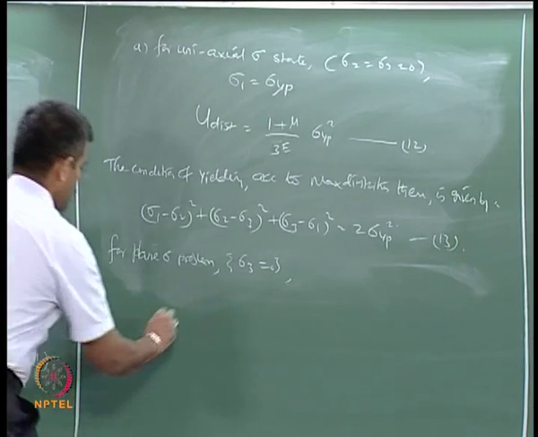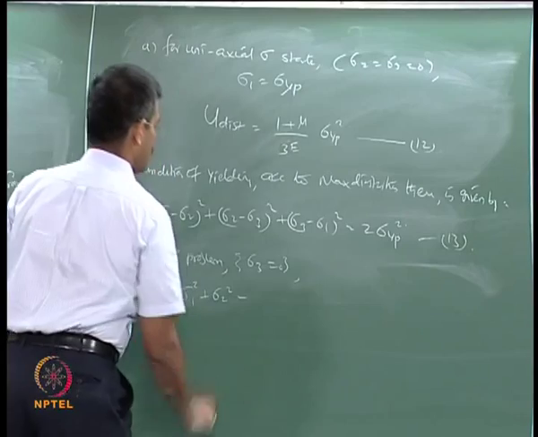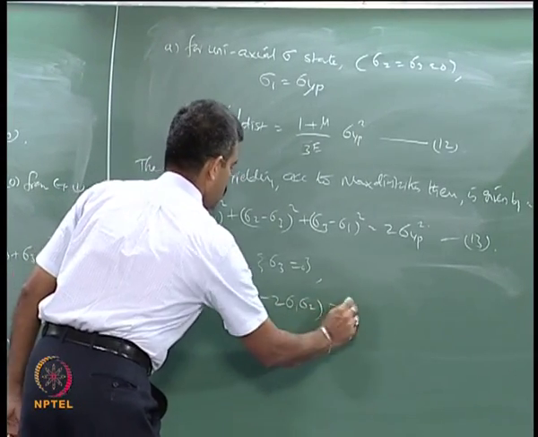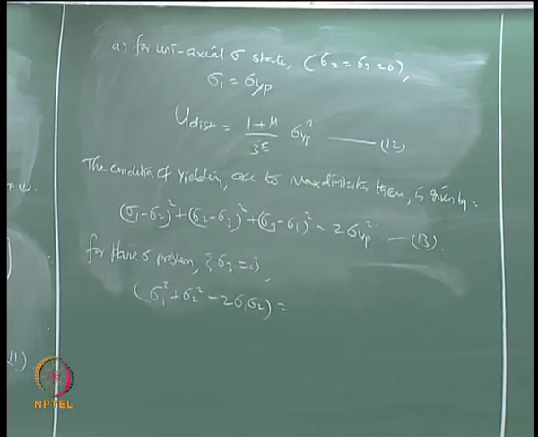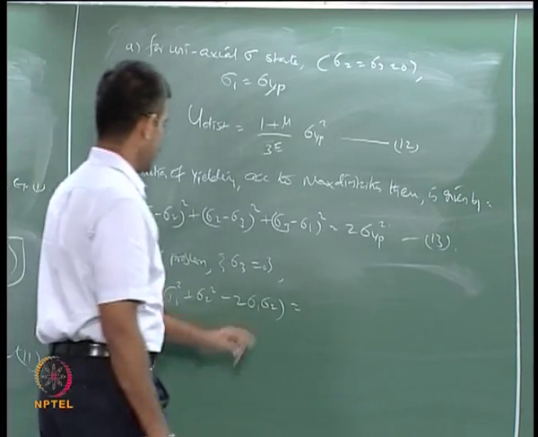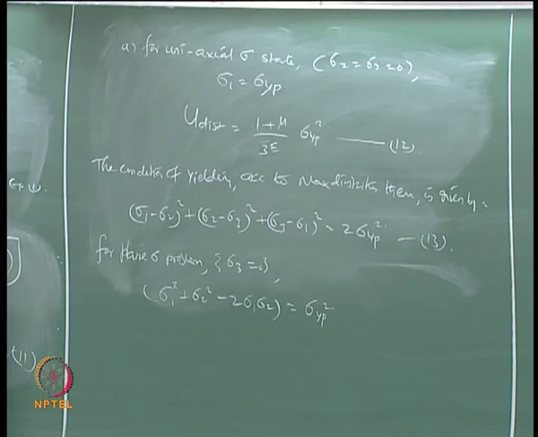This equation can be sigma 1 square plus sigma 2 square minus sigma 1 sigma 2 is going to be sigma yp square. The 2 goes away here because there are 2 here, which is again an equation of an ellipse.